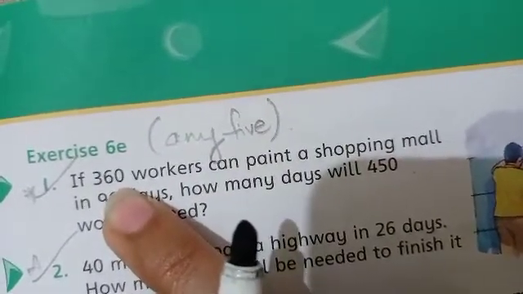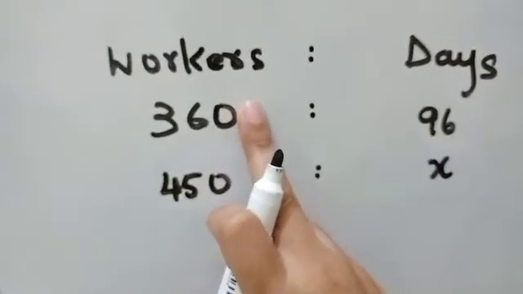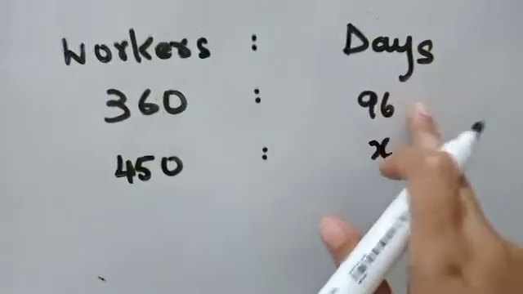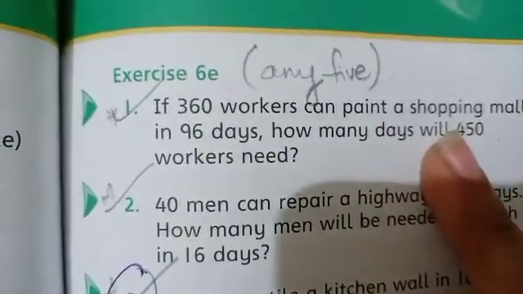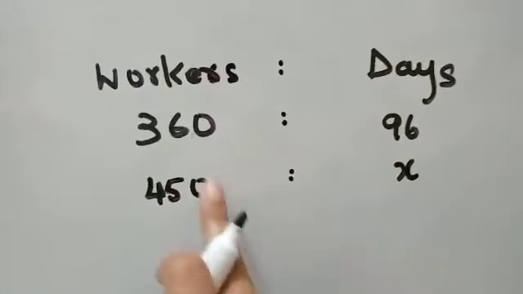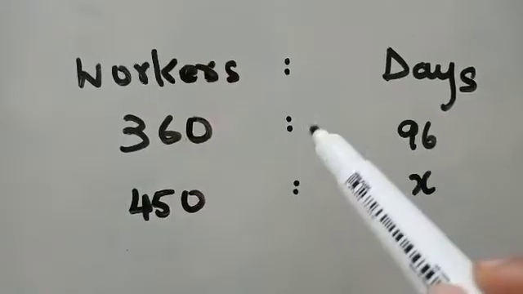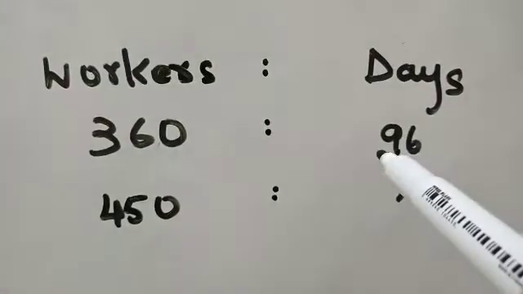It's saying 360 workers can paint a shopping mall in 96 days. That's how you will write. 360 workers are doing the work, painting a shopping mall, in 96 days. How many days will 450 workers need? I will write x days. Now let's understand the question first. 360 workers were doing this work in 96 days.